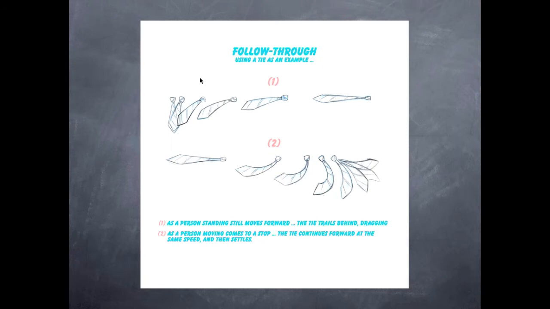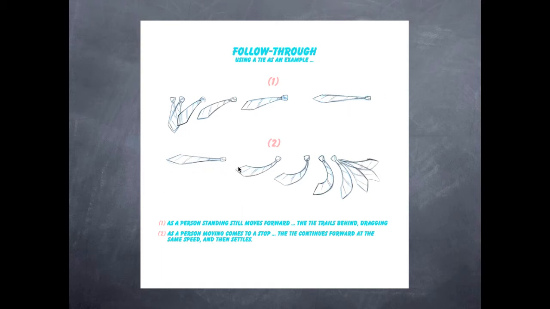So here we have another of the principles, which is follow through or overlapping action. And here we have the example of a bow tie, where if you were holding the top knot of this tie, and you were to drag it from one side to the other and then stop, the overlap or drag would cause the bottom of the tie to lag behind and stretch behind the leading edge or knot of this tie.